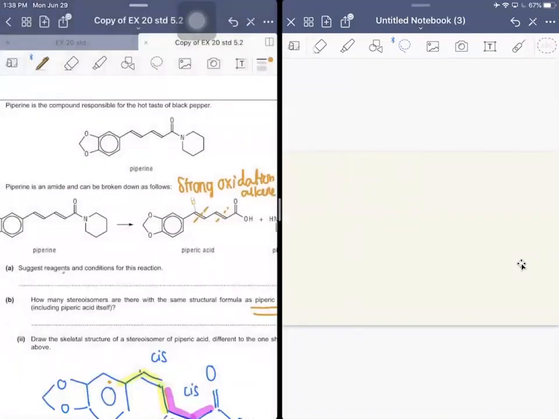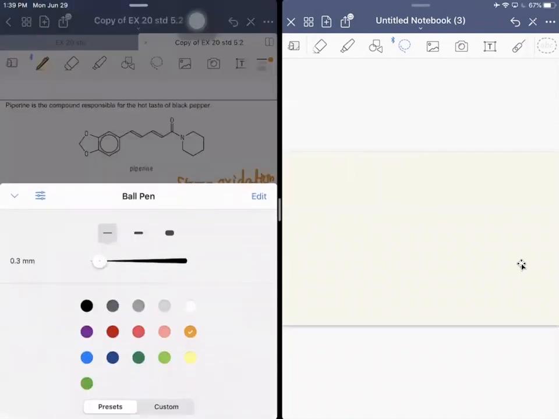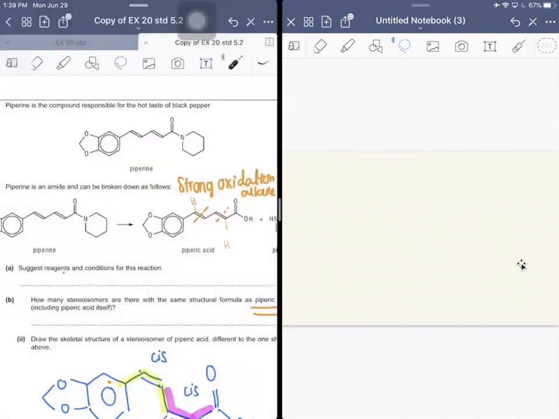There is a hydrogen attached there. There is also a hydrogen attached there. So when you break the double bond completely, this side will give you this structure.